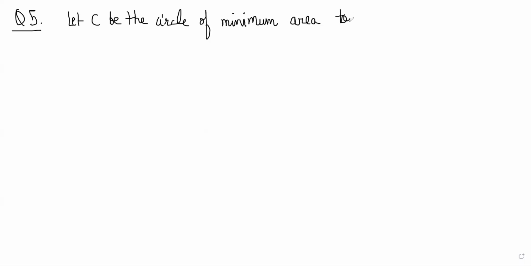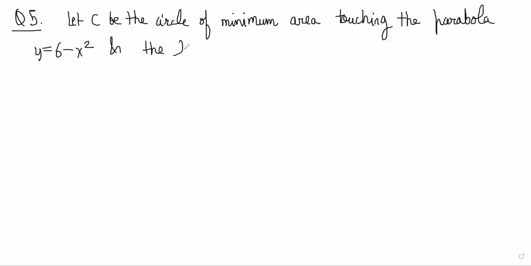Okay. The next question is, let C be the circle of minimum area touching the parabola y is equal to 6 minus x square, and the lines y is equal to root 3 mod x.